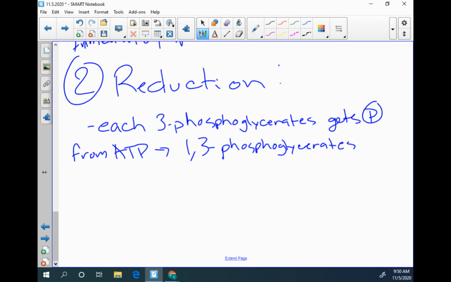Now, let's see where we're at. Okay. We're going to have NADPH donate some electrons. Sorry, I'm trying to follow my own logic. So NADPH is going to donate some electrons to this 1,3-phosphoglycerate.